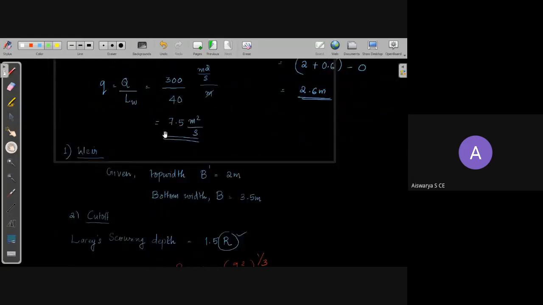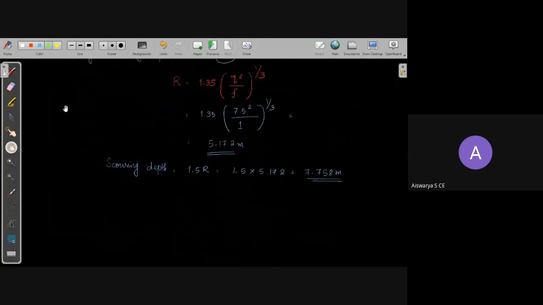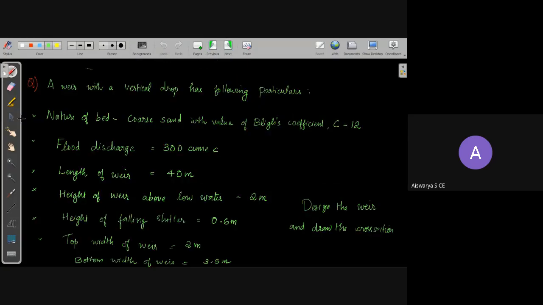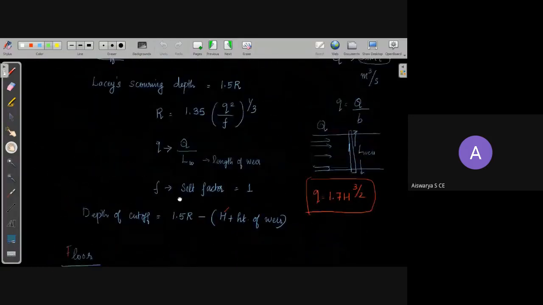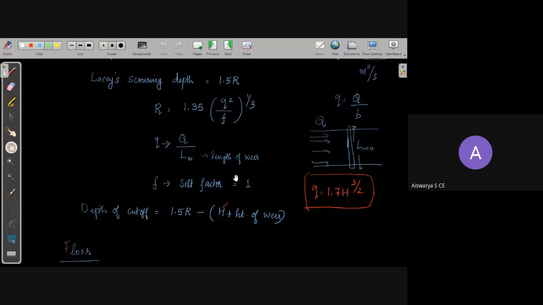For that, we have already seen an equation to find the value of capital H. We can get it from Q equal to 1.7 times H raised to 3/2. Yesterday when I discussed the steps for lazy scoring depth, I said 1.5 times R minus H plus height of weir.